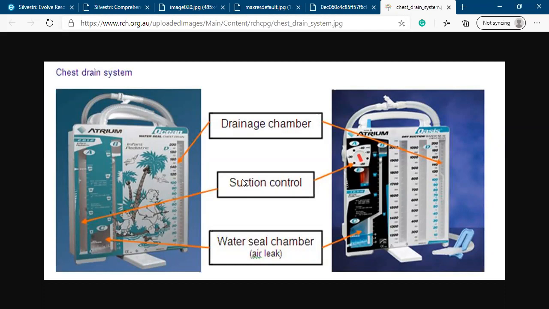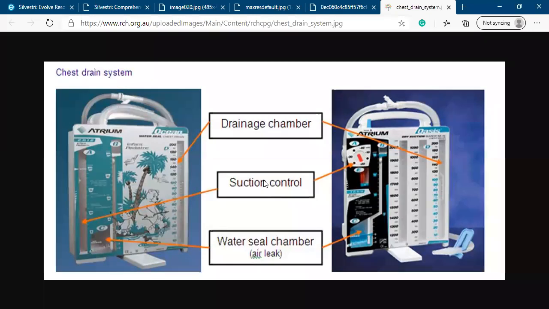In the suction tube, continuous bubbling is a good sign. Intermittent bubbling or intermittent suction is a bad sign. So what we learned in the water seal chamber is just the opposite in the suction control chamber, right?